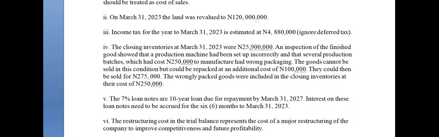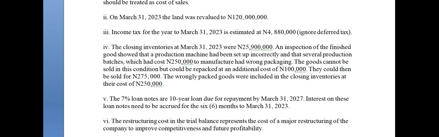So the additional cost is 100,000 and they could be sold for 275,000. When we take 100,000 from 275,000, that will give us the actual production cost. Do we agree with what I've said? Let me take it again.